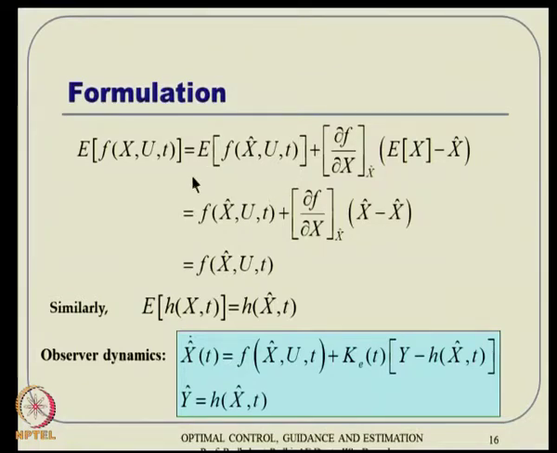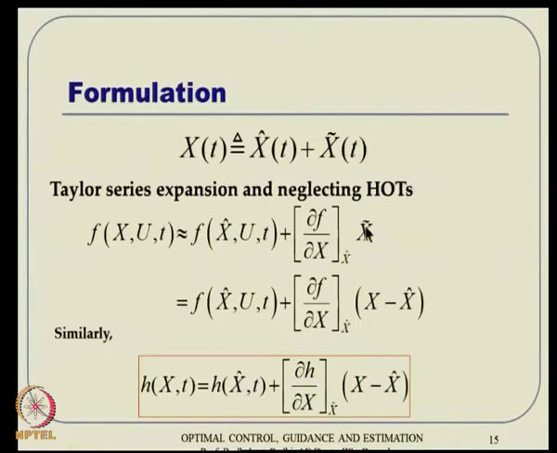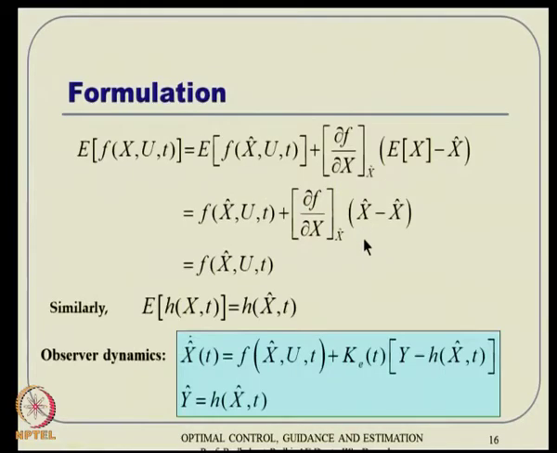So, essentially what it tells you is that the expected value of this quantity, which contains some random quantities, is nothing but that quantity only, as long as this linearized expression remains valid up to the first order term. And that is the beauty. So, we take the expected value of this, which is nothing but the first term plus this term times 0.